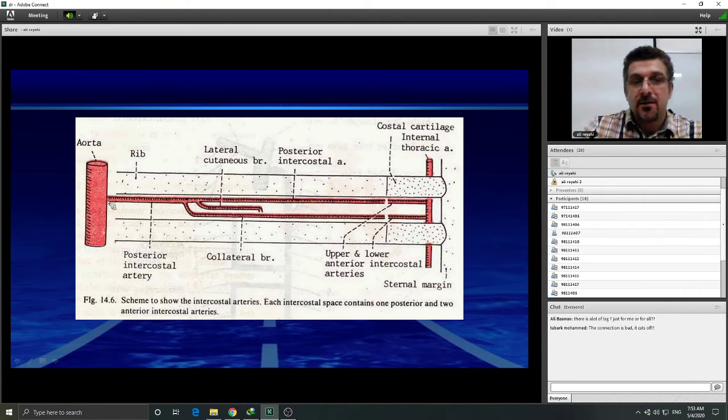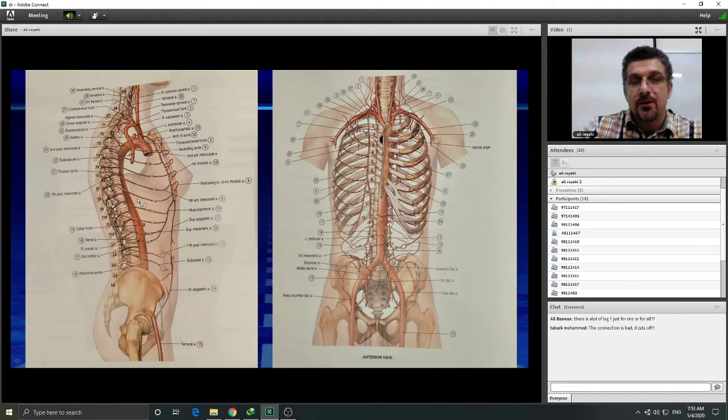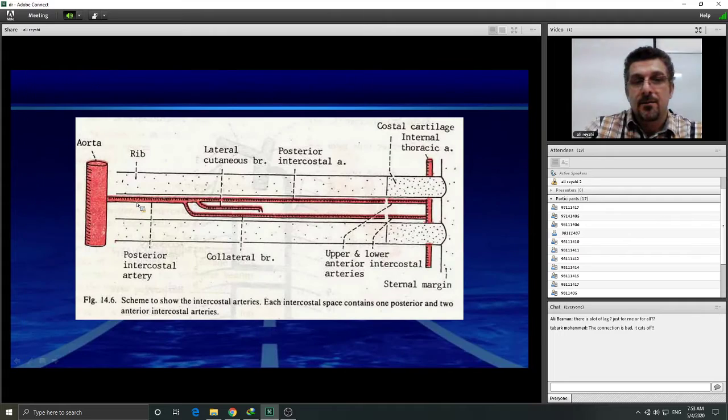This artery comes to the intercostal space, and at the angle of the rib gives off a collateral branch.